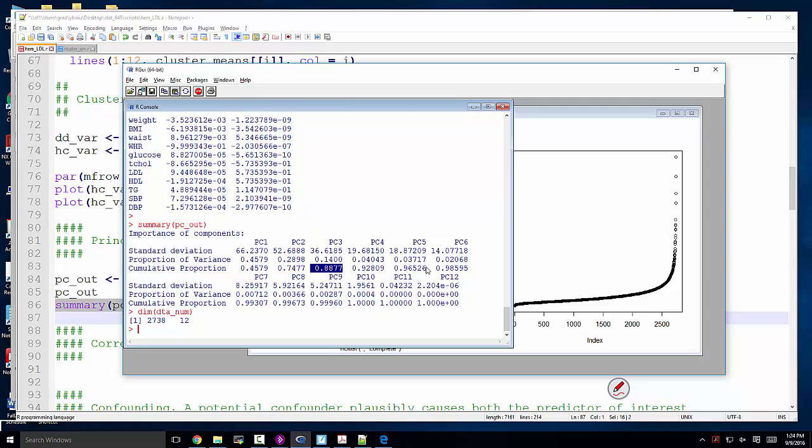To get up to 95%, we have to go out to 5 dimensions. And I can't draw pictures with 5 dimensions. So I'm going to go ahead and pick the first 2, and I just have to recognize I'm going to see some patterns, but that's not the entire story. It's the bulk of the story.